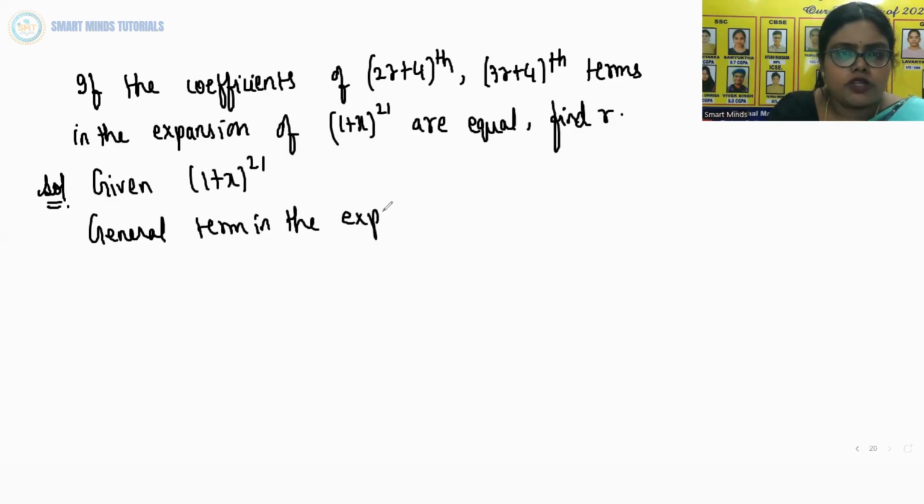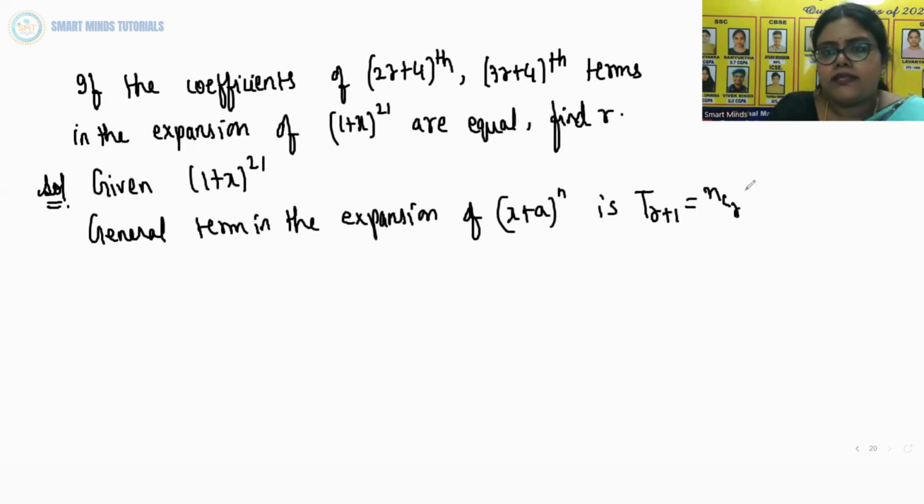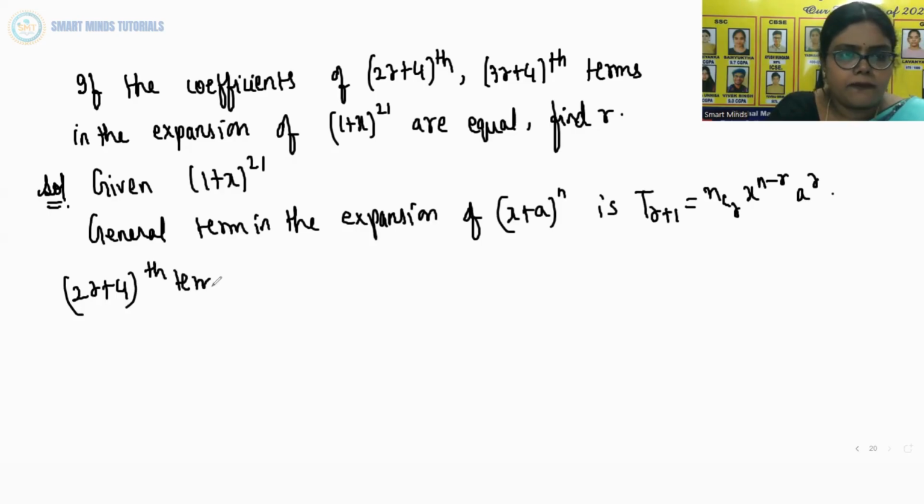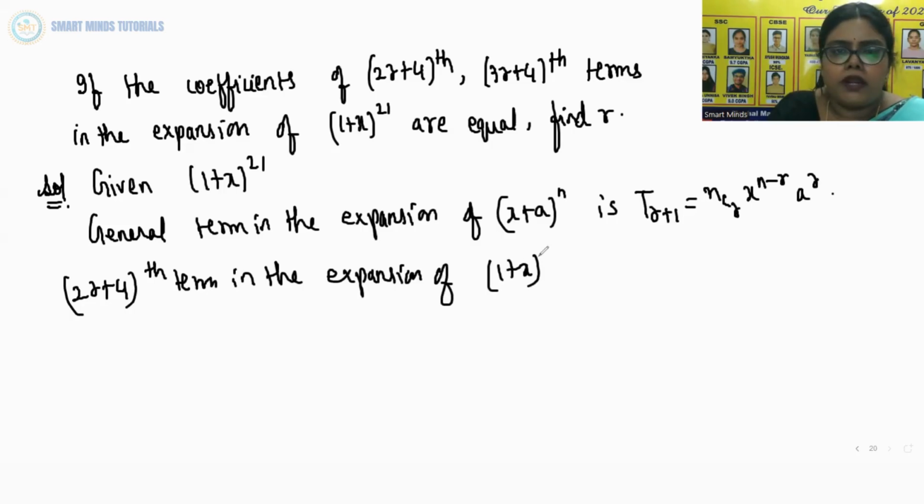General term in the expansion of (x plus a) whole power n is t(r+1) equals nCr x^(n-r) a^r. So the (2r plus 4)th term in the expansion of (1 plus x) whole power 21 is t(2r+3+1). See, 2r plus 4 we can write as 2r plus 3 plus 1.